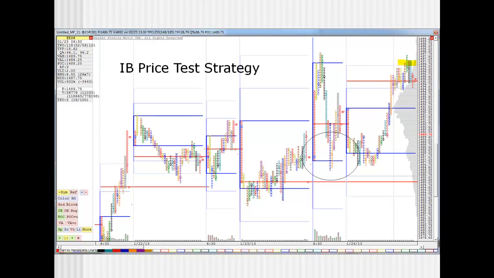And their target being the 150% level. That is a fairly high probability trade from here to here. A reversal is not necessary to take place, but you will get a retracement at least to the 150% IB level. That happens very frequently in the market.